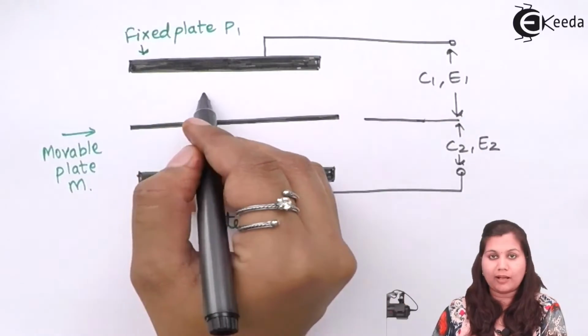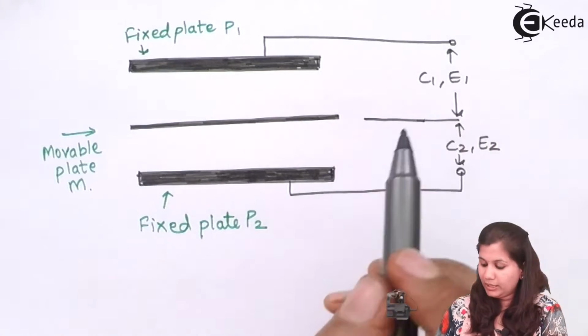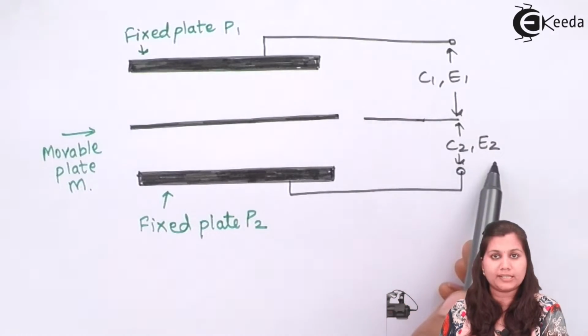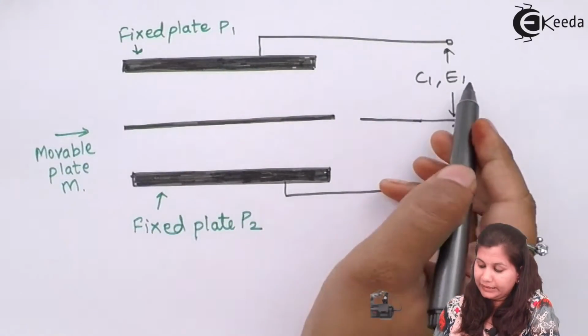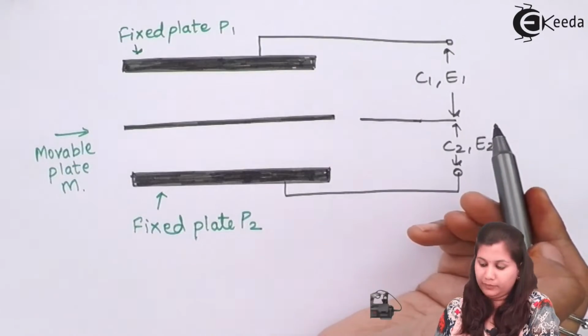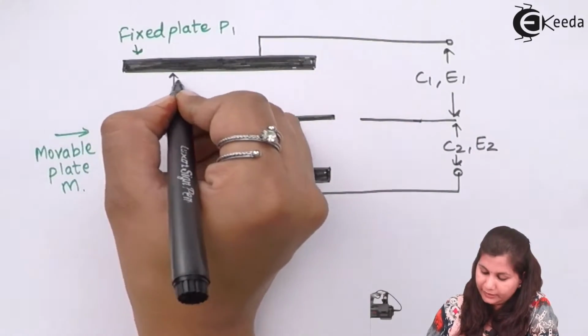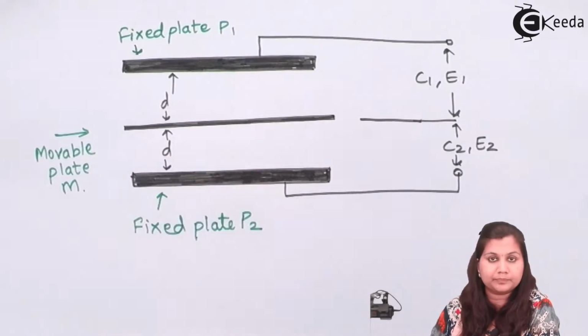The capacitance value for this capacitor will be C1 and the voltage will be E1, and for this one the capacitance value will be C2 and the output voltage is E2. When this plate is exactly in the middle, E1 and E2 will be equal, and the distance between the two plates is, suppose, d, and here also it is d.